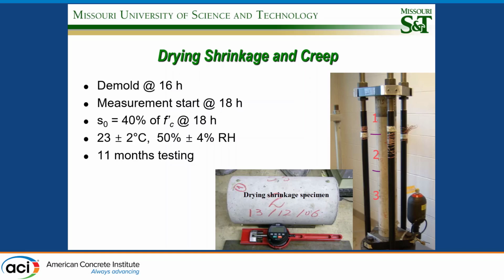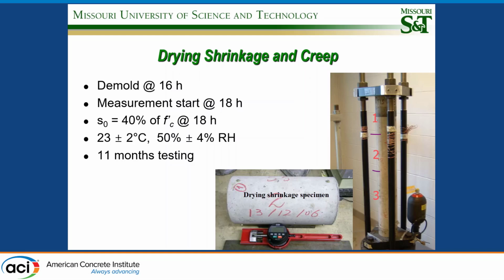So these are very high strength creep cells, and the pre-stressing load corresponded to 40% of the compressive strength at 18 hours. So you can think about timing when you're going to cast the concrete, so the students are back in the lab 16 hours later, working very, very hard to mill and measure compressive strengths and load those 3 samples, 1, 2, 3, of the same mixture at 18 hours at 40%.